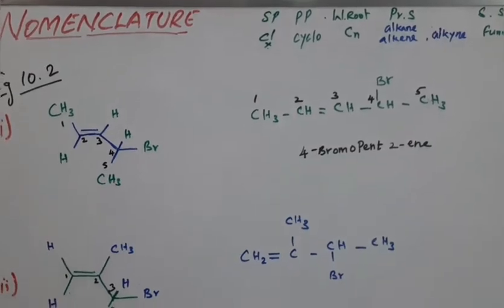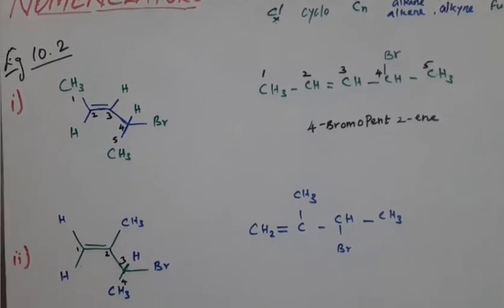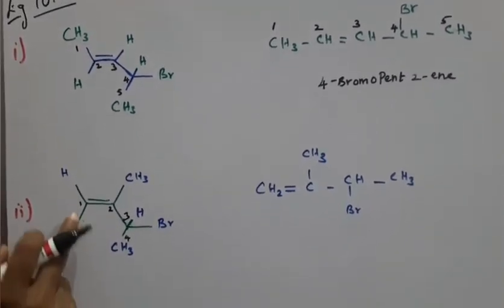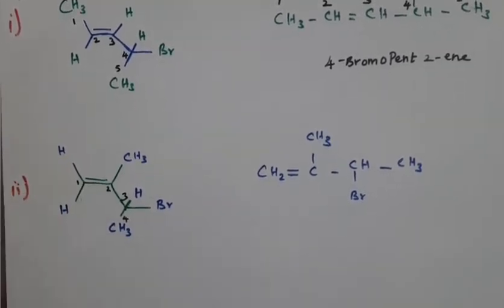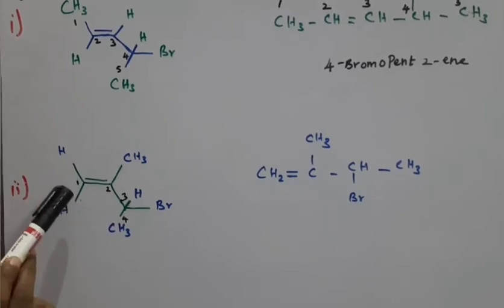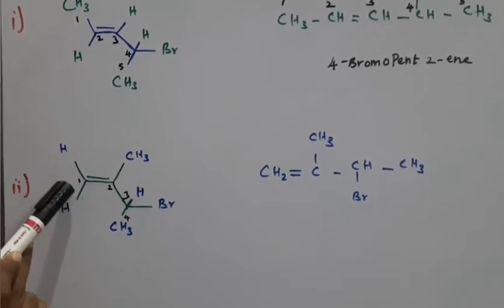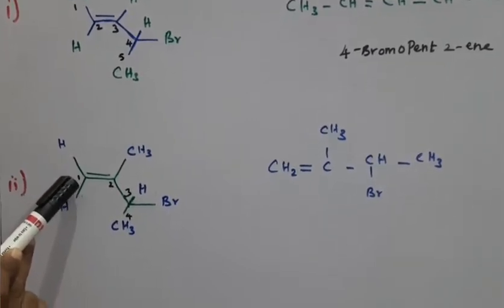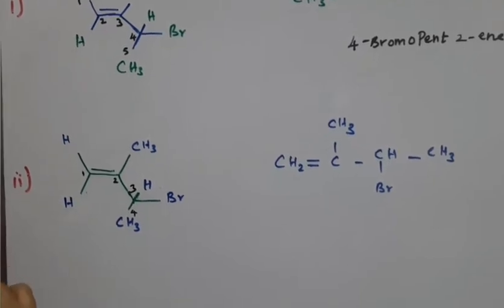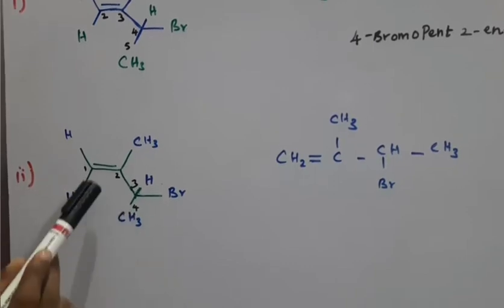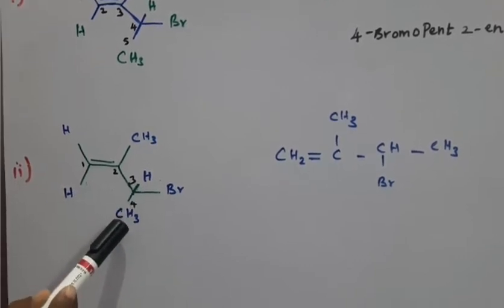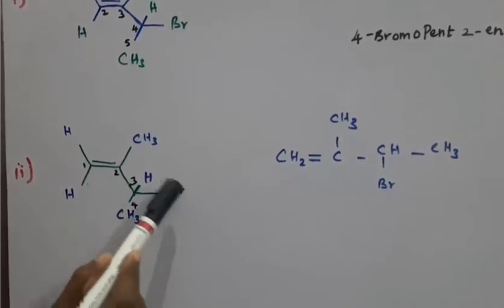Next one, with a similar structure. Here the double bond is present, so according to the lowest locant rule this carbon atom gets first priority: 1, 2, 3 and 4, ending with this CH3, and the bromine is a substituent.